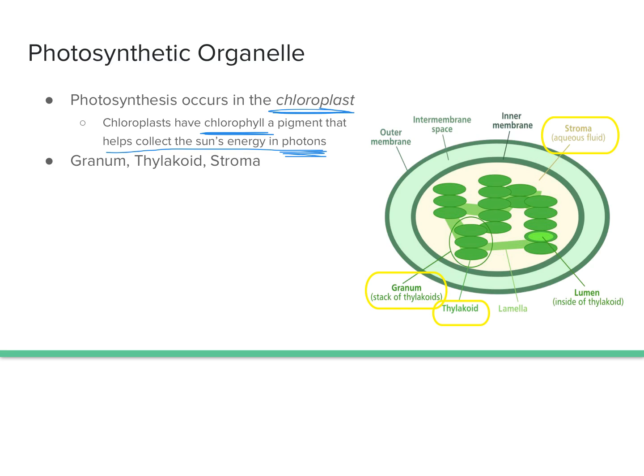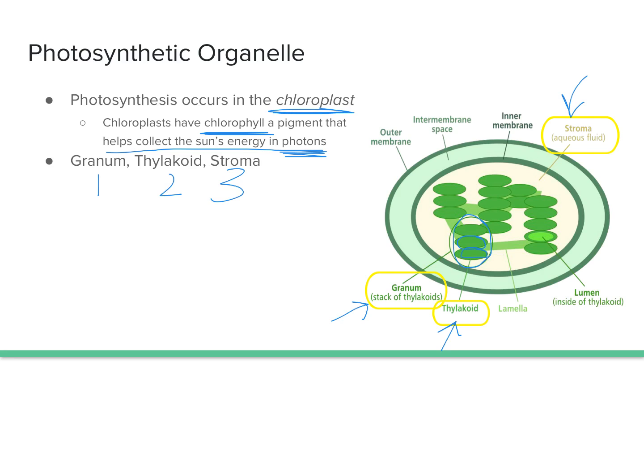There are 3 things that are important in this chloroplast: the granum, which is right here, the thylakoids, and the stroma. The thylakoids are these lovely little individual green pancakes.